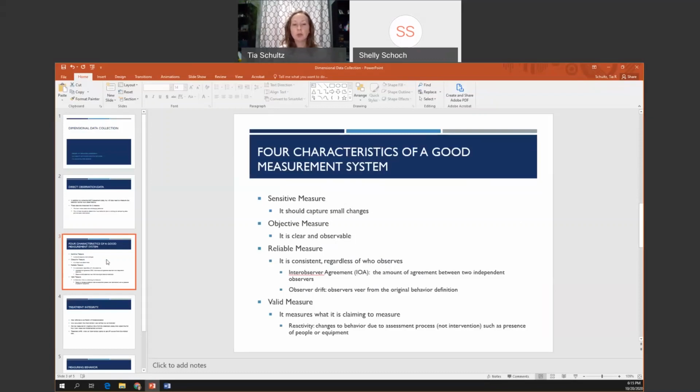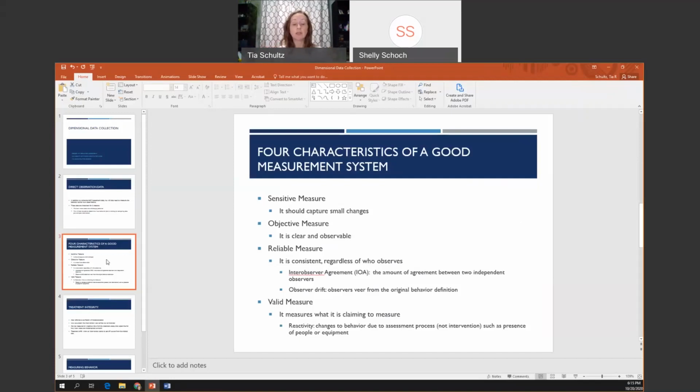Well, if we counted a frequency count, maybe they have that tantrum 1 time a day, but when they do, it lasts 45 minutes. Frequency data would tell us they do it once a day. And the only change we could possibly see is if that went up or if we got it down to 0. But what would be more sensitive to change would be a duration measure. If we measured the 45 minutes, our intervention might work on decreasing that time, and that would allow us to see small changes in time.